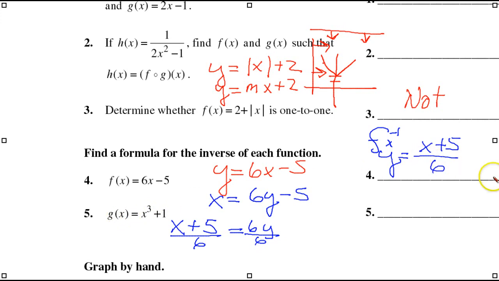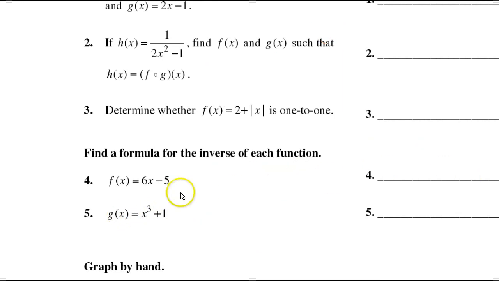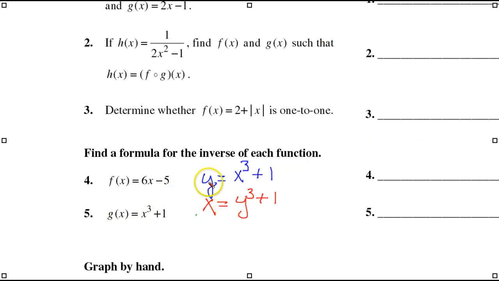And let's do this one too. Again, we convert our function notation with a y, reverse the letters, and now solve for y. So our x transposes the 1 and becomes a negative 1, and we have y to the third.